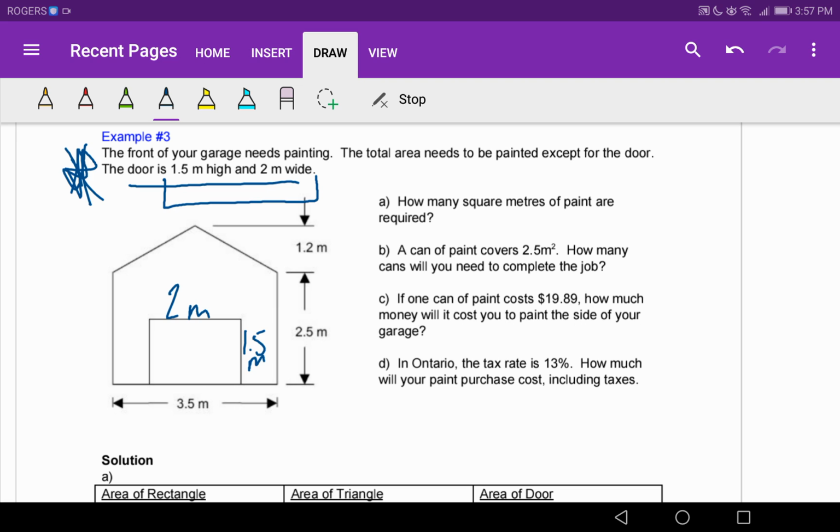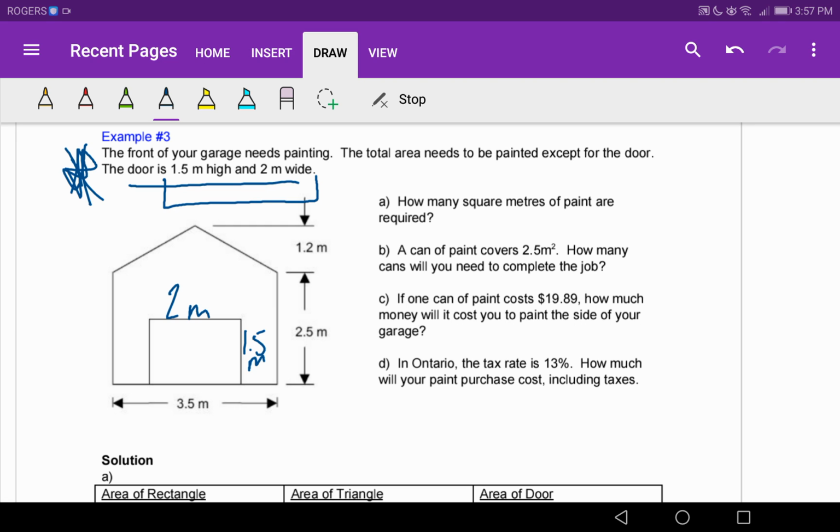Now notice I said that we need to find area. We're painting this. Why does painting something have to do with area? Right? Well, we're not dealing with fencing or edging around a shape. When you're painting, you're painting within a shape, right? And so we're dealing with the area inside that shape.